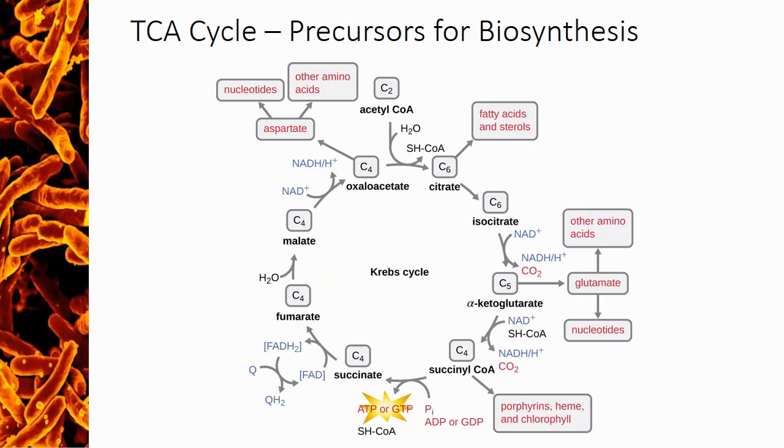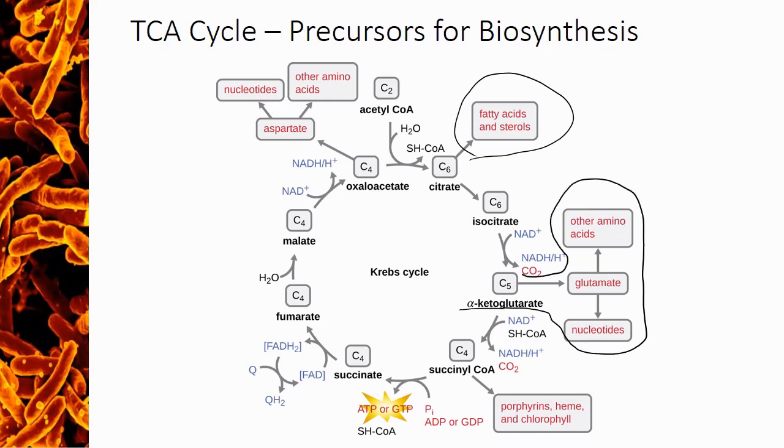This image highlights how the TCA cycle is used not just for energy generation, but also in anabolic pathways for biosynthesis of various compounds. You'll notice that various products in the cycle can, instead of traveling around the cycle, leave and be used to make molecules, such as citrate being able to leave to make fatty acids, or alpha-ketoglutarate being used to make glutamate, which is necessary for certain amino acids and also to produce our nucleotides.